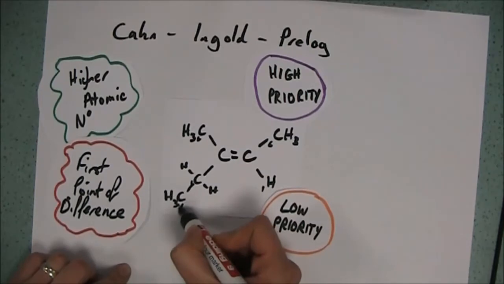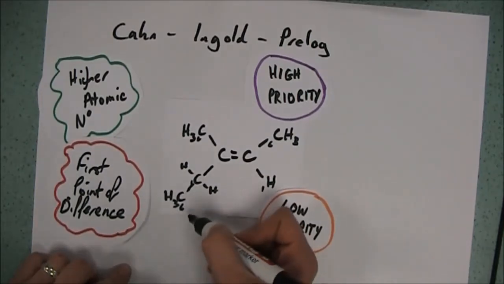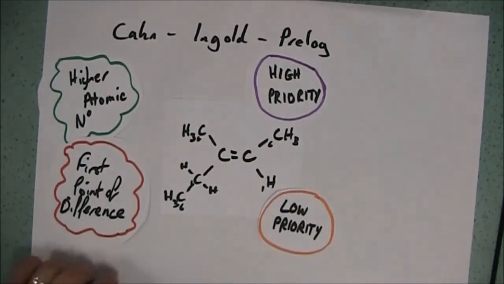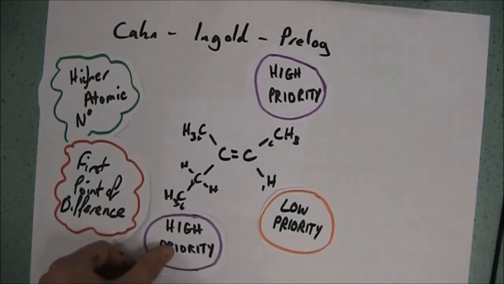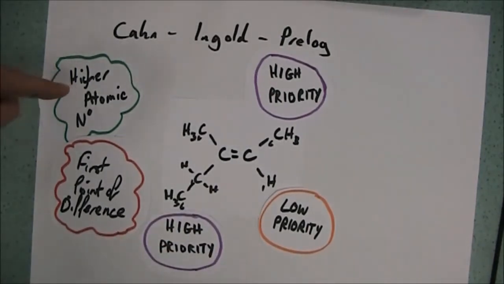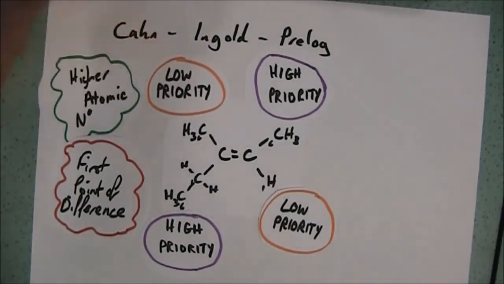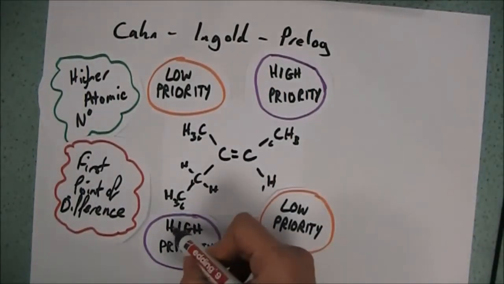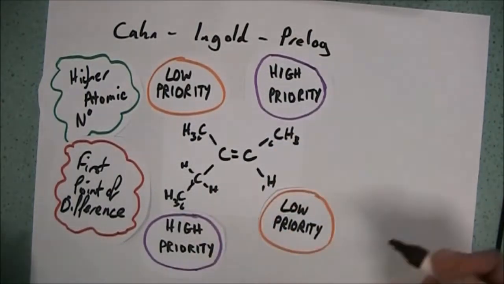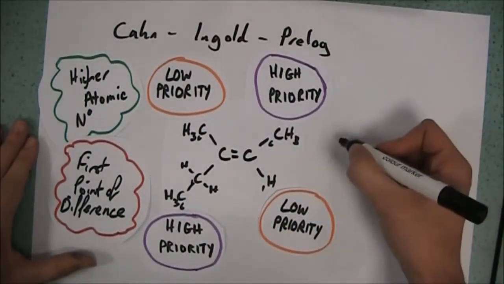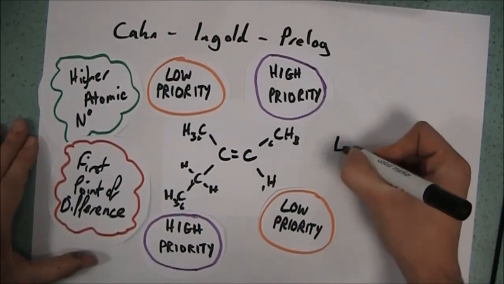Here though we go to the next atom which is carbon, which has an atomic number of 6. So therefore we assign this the high priority because it's got the higher atomic number at the first point of difference, and we assign this one the lower priority because it's got the lower atomic number at the first point of difference. And therefore, because the high priority groups are on opposite sides, we would call this one E.